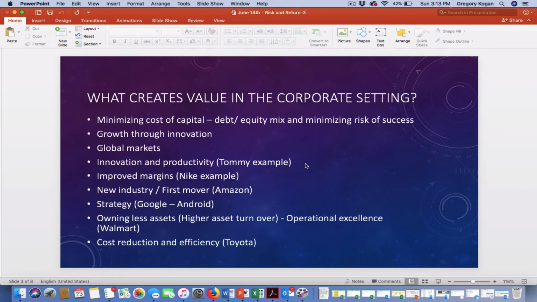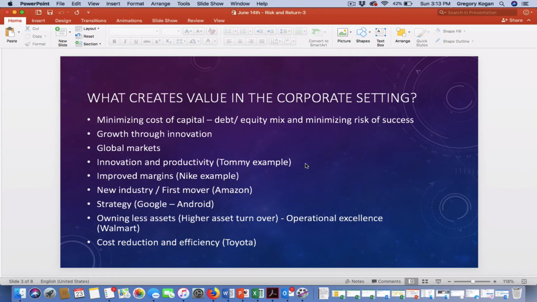So what creates value in the corporate setting? Besides strategy, we can look at a few things that create value. It could be minimizing the cost of capital. Minimizing your risk can actually increase your stock price.